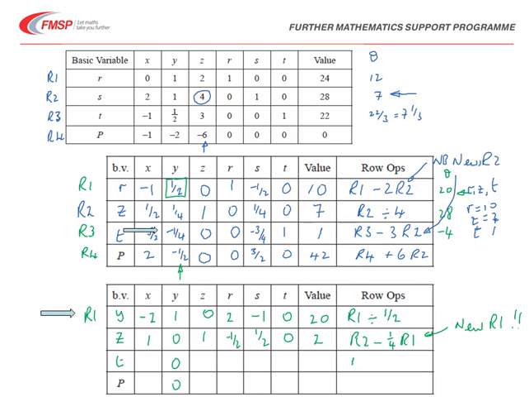In row 3, we can see that the number is negative 1/4 at the moment, so we're going to take row 3 and add 1/4 of row 1. And that gives us negative 3, 0, 0, 1/2, negative 1, 1, and 6.